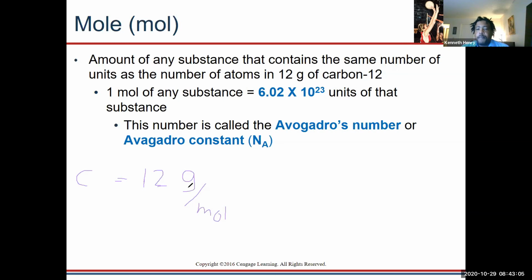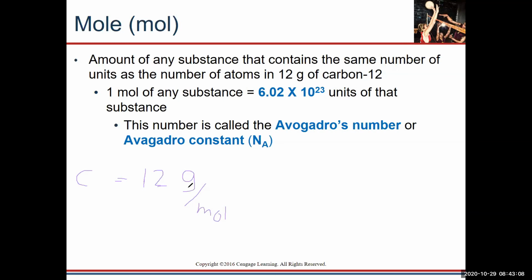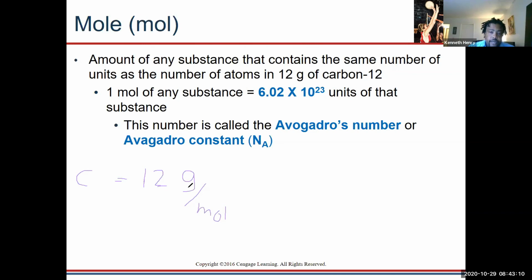Yes. Okay. Mandy asked a question. She's like, how do we know when to round and when not to round? So when you're using the numbers from the periodic table, if I have 12.011, right? In this context, I'm going to round to 12.